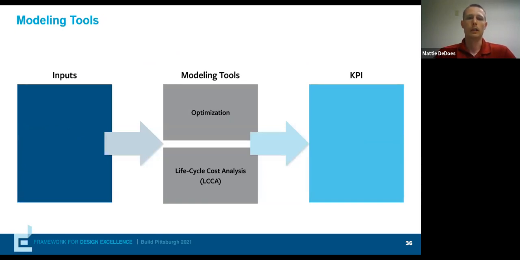So as I mentioned, the optimization tool is really what we're going to dive into, and the process is similar to what we discussed with sensitivity analysis. Instead of defining a range, we're going to define a set of design options for each one of our inputs. We're going to choose 2 KPIs instead of 1 that we want to optimize.